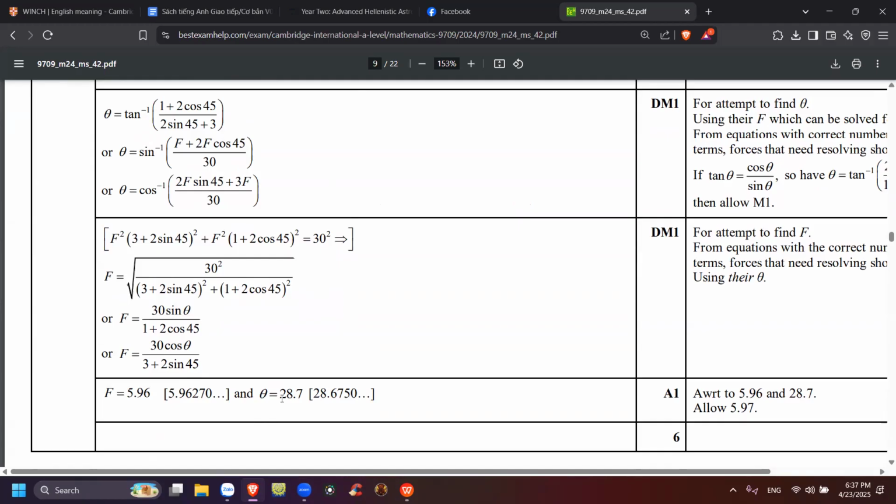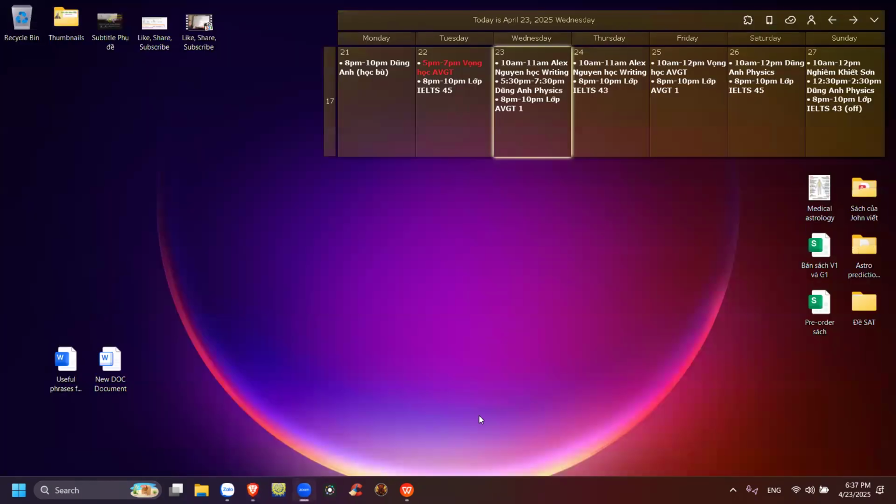Maybe it's a bit too rounded up. Yeah, right, it's rounded. I think you rounded up a little bit like that. Okay, but F is 5.96, isn't it? 5.96. Yeah, right. All right, now if that is the case, then we can move on to the next question.